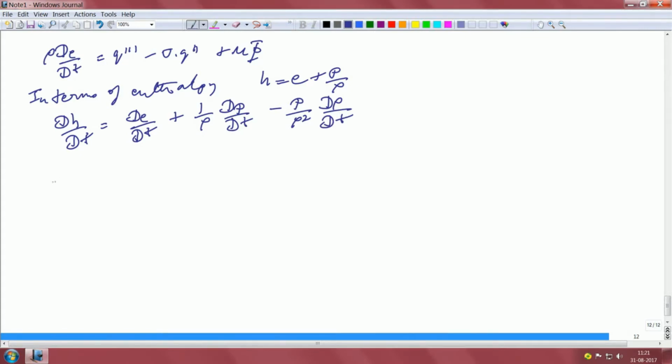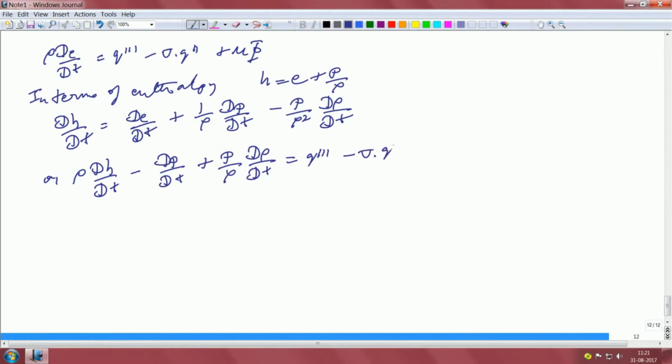Or in other words, rho dH by dt minus dP by dt plus P by rho d rho by dt is equal to q triple prime minus q double prime, plus mu times whatever is the viscous dissipation term.